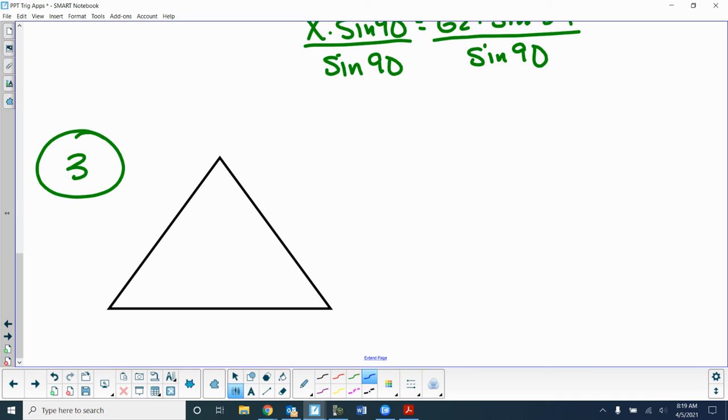Again, just draw your picture, fill in your numbers, and then think about which law you have to use.